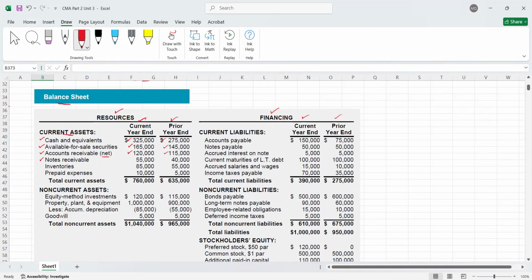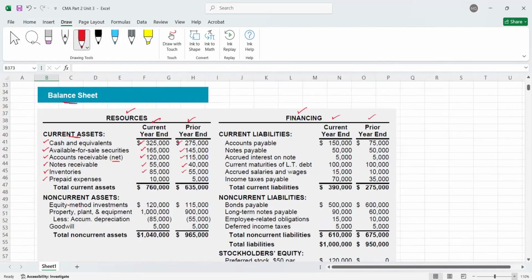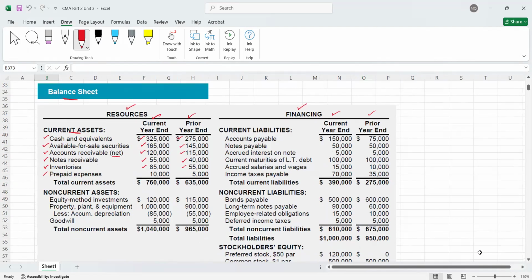Then available for sale securities. Then accounts receivable, net figure, which is gross receivables minus allowances. Then notes receivable, inventories, and prepaid expenses. Then we have total current assets, which is 760,000 for the current year and 635,000 for the prior year.